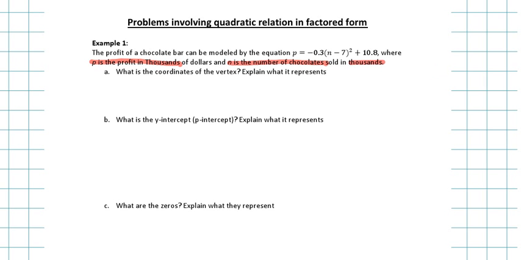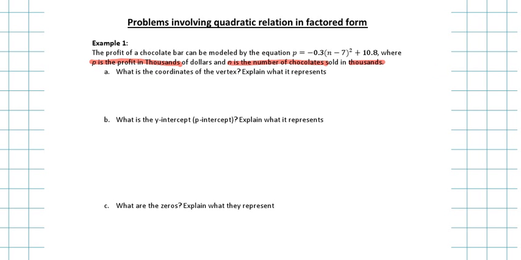It's vertex form. Why is it important to know what form it's in? So then we can get some key points. The vertex form gives me the vertex, axis of symmetry, and optimal value, which all relate to the vertex, right?